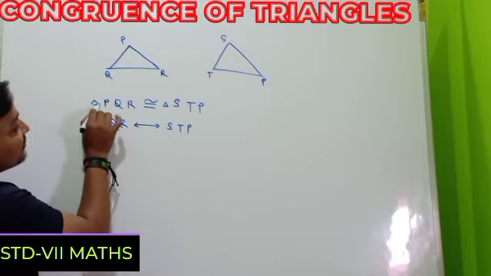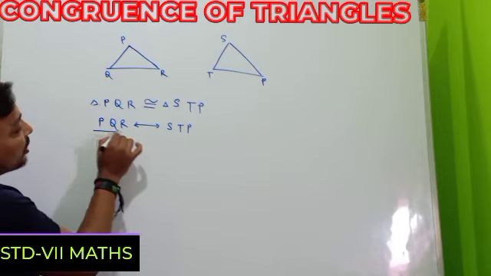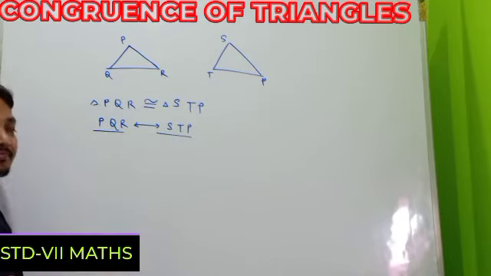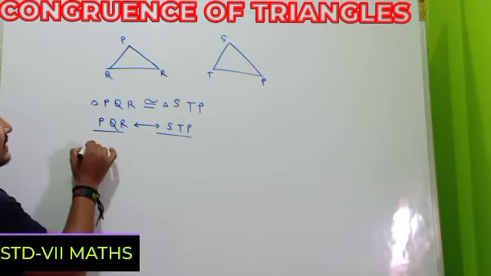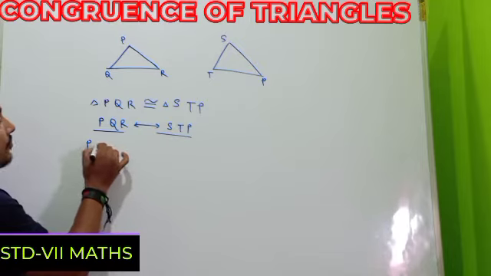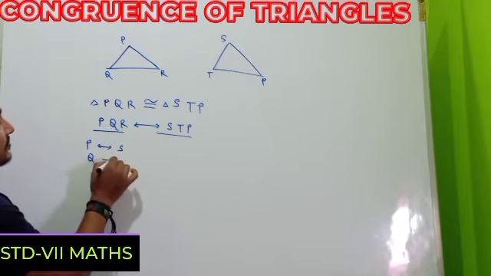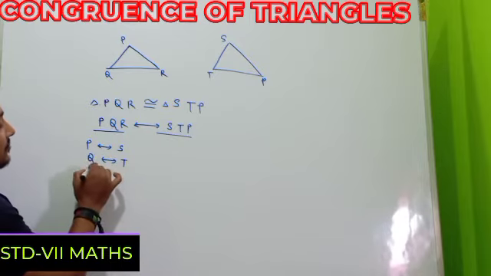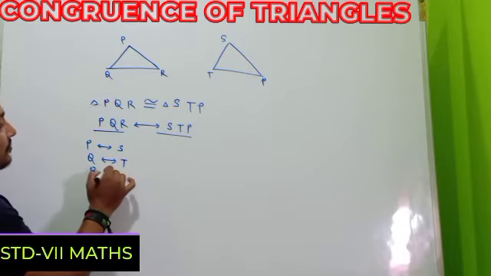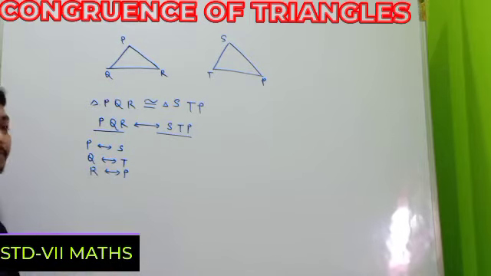If this is given, it means under the correspondence, first P vertex matches with S, second Q matches with T, R matches with P.